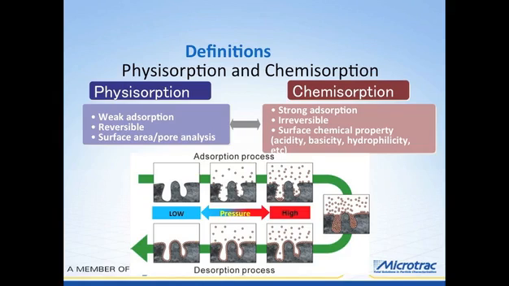On the other hand, we can follow the path through chemisorption, where the molecules again pile up, but the molecules in this case are really starting to attach themselves very strongly to the surface.